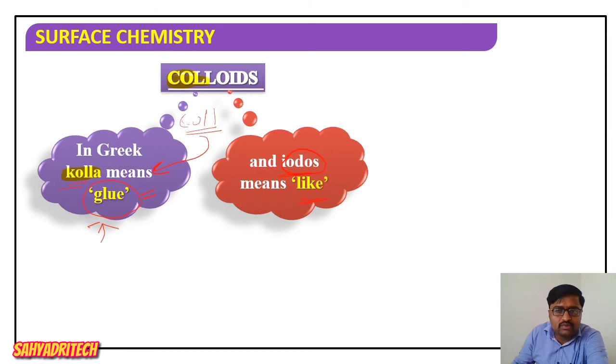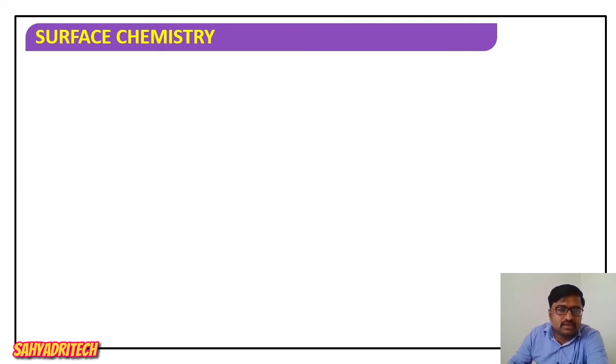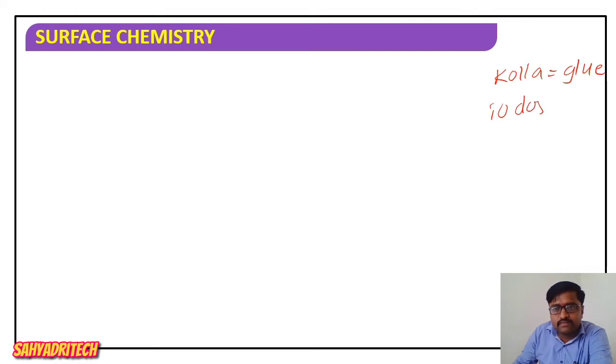Colla is a Greek word which means glue, and iodose is nothing but like.